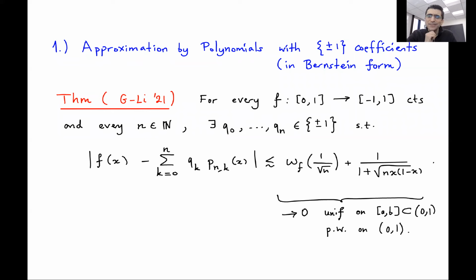But also, there's no immediate remedy. So meaning that if we were to impose an integer constraint at the endpoint, it's not clear that we can still do this. So I might return to that later on. But at least we have uniform approximation on subintervals of 0, 1. And we also have pointwise approximation everywhere on the open interval 0, 1.